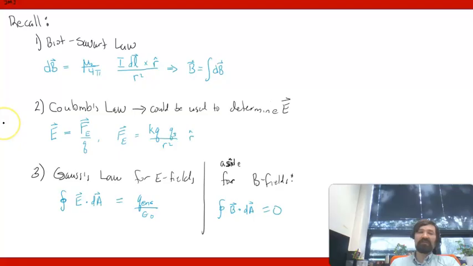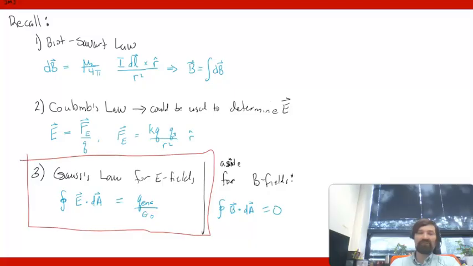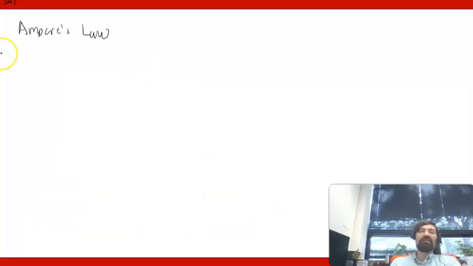What we want to do today is introduce Ampere's law. Ampere's law is kind of equivalent to this third law we're recalling, Gauss's law for E fields.